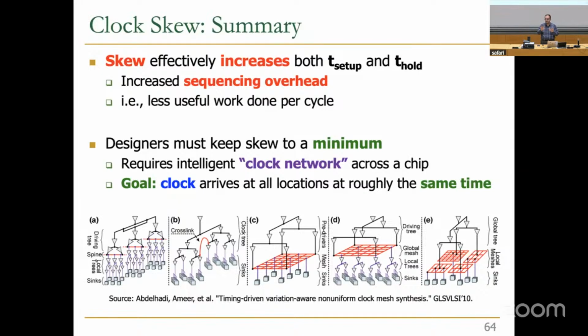That can exacerbate your skew. And that's why people try not to touch the clock network at all. They try to avoid doing computation on clock cycles. So the clock can be used only as the input for your flip-flops, but not as an input that you want to operate on to change your clock frequency.